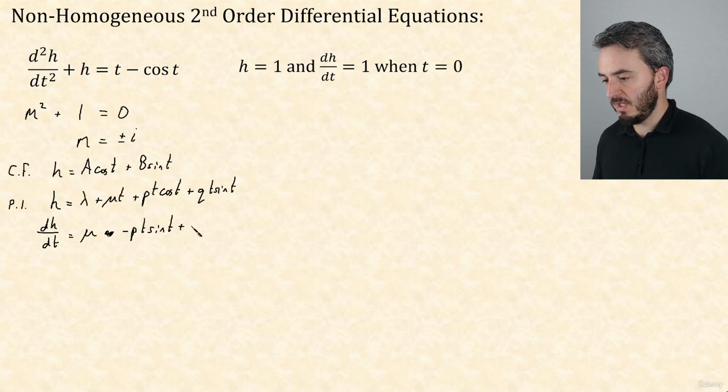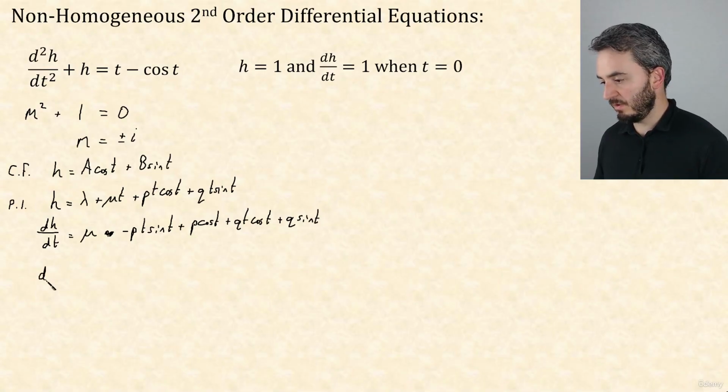U dash is just p, so p and then cos t. Product rule again for here, so it's u v dash plus u dash v, so plus q sine t.